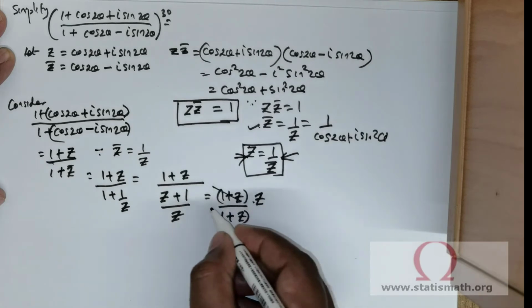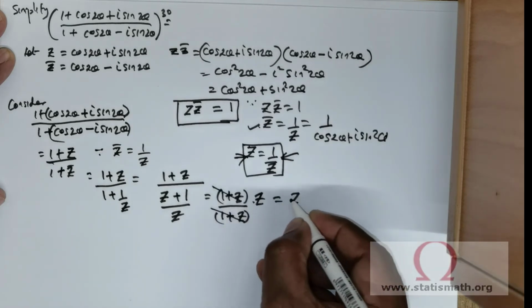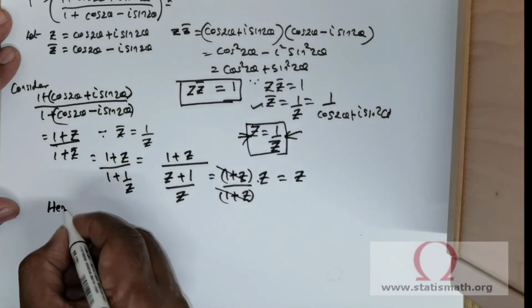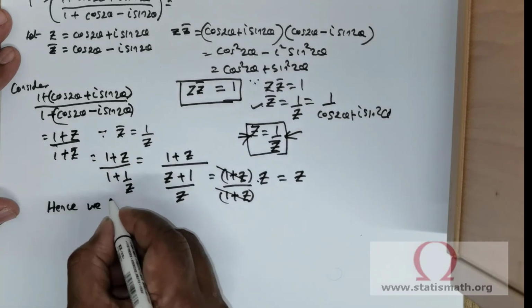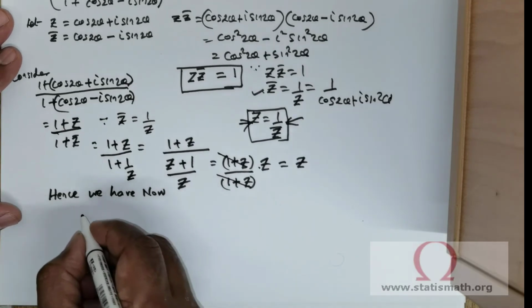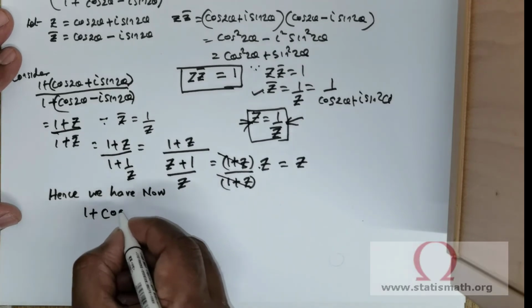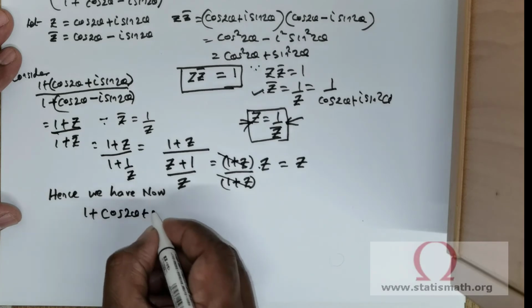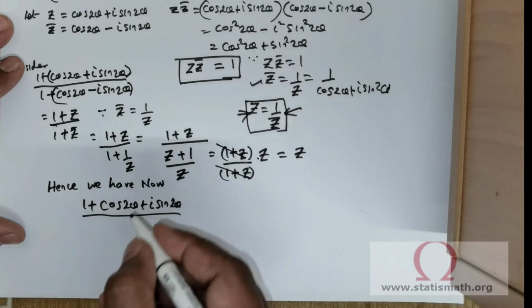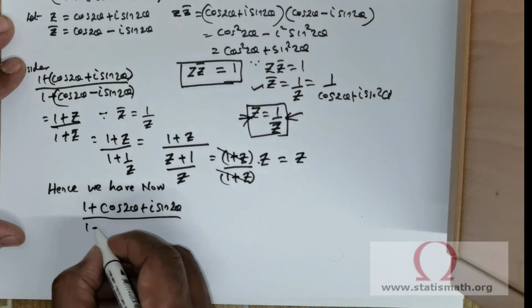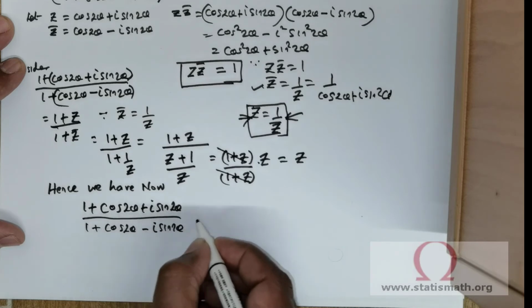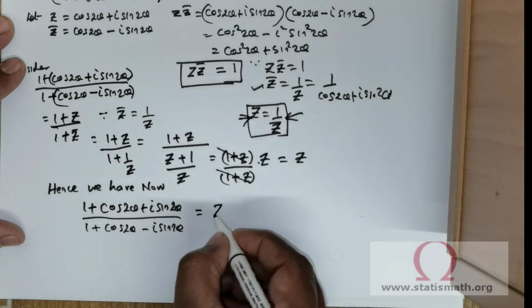Now, numerator and denominator can be cancelled, giving me z. Hence, we have now (1 + cos 2θ + i sin 2θ) divided by (1 + cos 2θ − i sin 2θ) is equal to z.